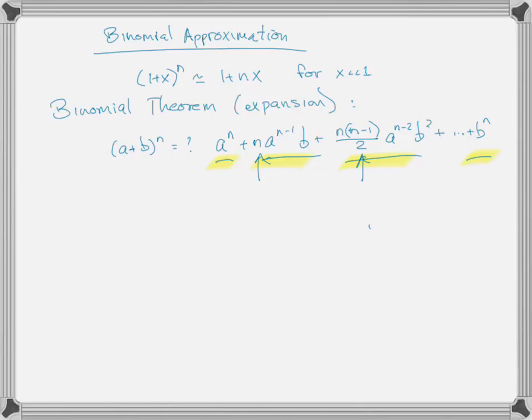If I factor out an a to the n, we've got 1 plus b over a to the n equals 1 plus n b over a plus n times n minus 1 over 2 times b over a squared plus dot dot dot plus b over a to the n.